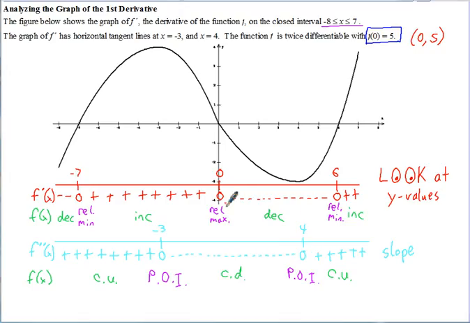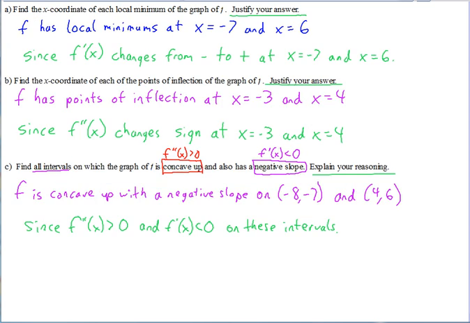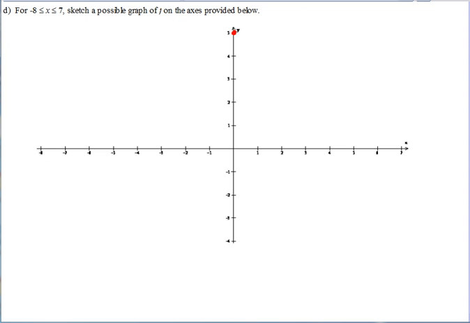So from 0 to 4, we know the function needs to be decreasing, concave down, shaped like a frown. Now we don't necessarily know which y value it is going to end up at, so don't worry about that. We just have to make sure it's decreasing, concave down, shaped like a frown, until we get to 4. So again, don't worry about if your y value is exactly where mine is. Okay?